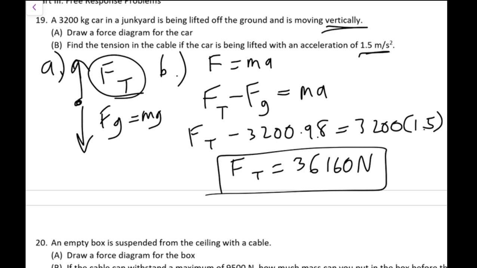And so that's how you can solve one of those problems with tension and weight. When it's vertical, it's the forces going up minus the forces going down equals ma. Okay.